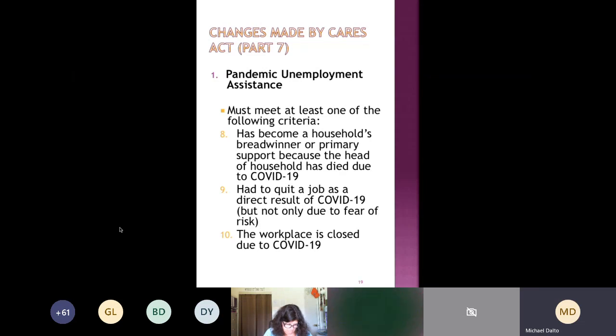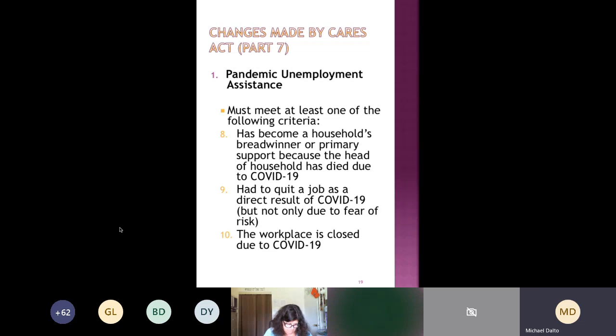And again, this one is going to be tested in the coming weeks and months. But we really have no idea at this point how they're going to determine whether you had to quit a job as a direct result of COVID-19 for a reason that would pass muster as satisfying condition number 9.